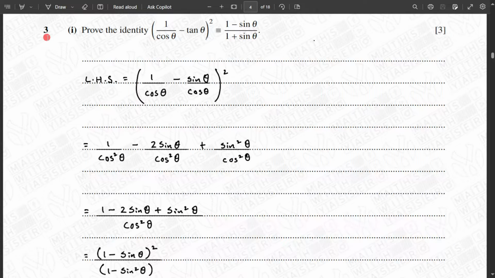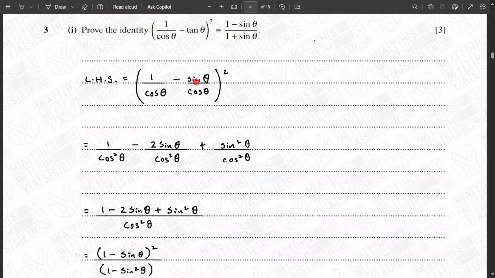Question number 3. It says prove the identity 1 over cos theta minus tan theta, whole square, is equivalent to 1 minus sin theta by 1 plus sin theta. Considering the left hand side of the equation, 1 over cos theta minus sin theta by cos theta, whole square, can be written as, so this is a minus b whole square. So a square will be 1 by cos square theta minus 2ab.